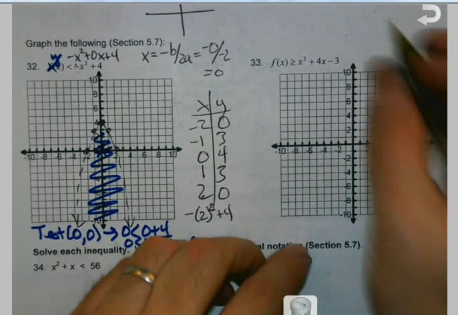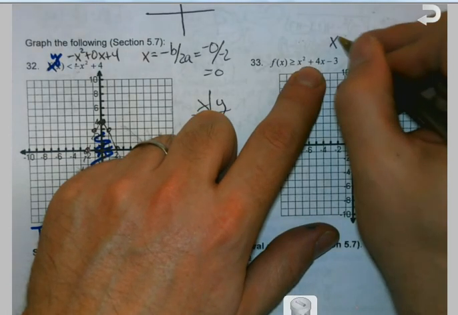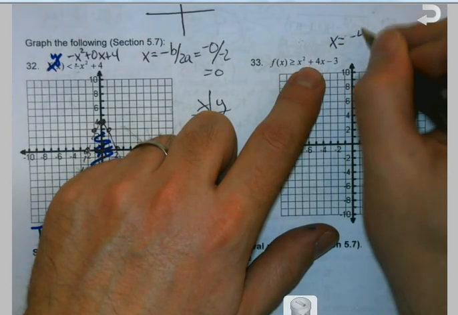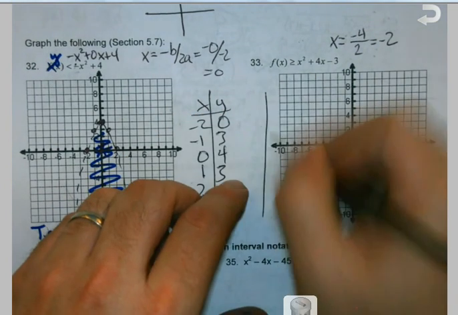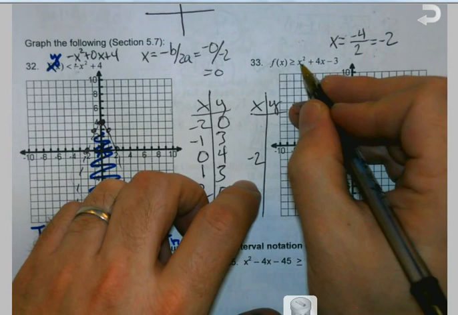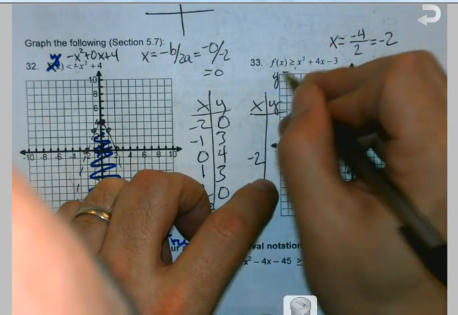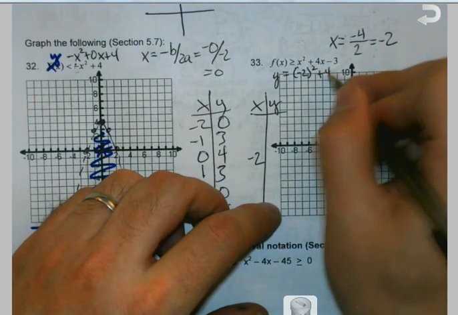All right. Here, I'm just going to keep doing the same thing. So my x is negative b over 2a. So my x value over here is negative 2. Plug that in. This time it is in the parentheses because there's no negative on the outside.